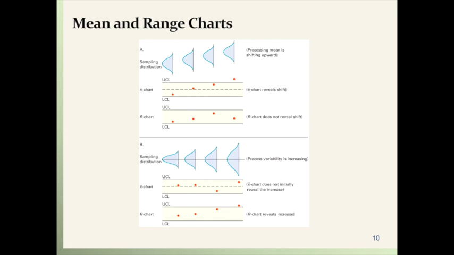So one of them is, see this where you're going along here and it slowly goes out. Here's where the sampling distribution, you see how the sample distribution is wandering up.